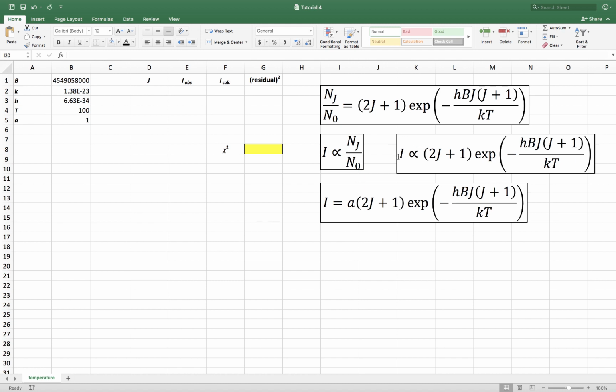But this is a relationship of proportionality, and in order to do the minimization, I need to include a constant of proportionality. This is where the factor A comes from, the parameter A. So let's use this final equation here in order to determine the temperature that was measured in that interstellar dust cloud that we looked at in tutorial 4.